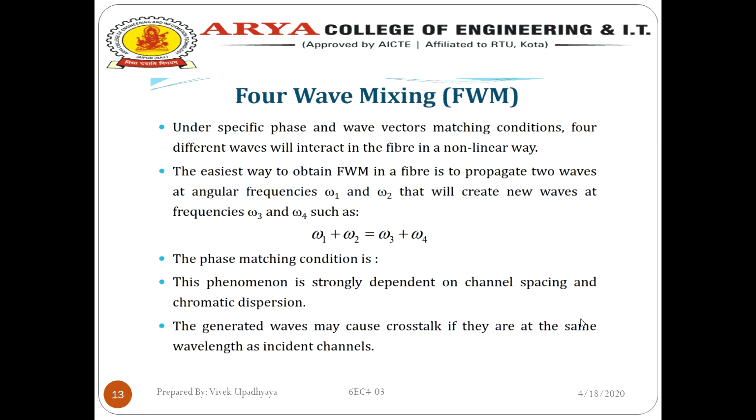That is the phase matching condition. This phenomenon is strongly dependent on the channel spacing and the chromatic dispersion. The generated waves may cause crosstalk if they are at the same wavelength as the incident channels.